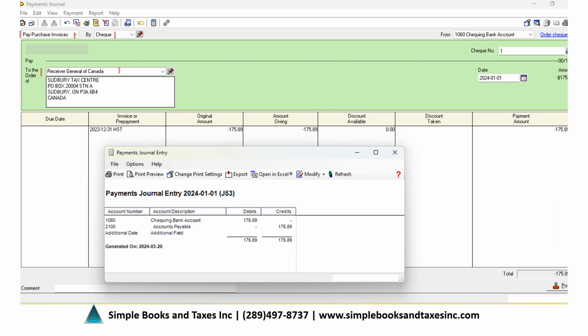You can put the description for the check number or the cash as the HST refund. Select the date when you are going to receive the refund in the bank account. The journal entry will debit the bank account, which is correct because it's the money that we are going to receive. And it will credit the accounts payable, which will be correct.